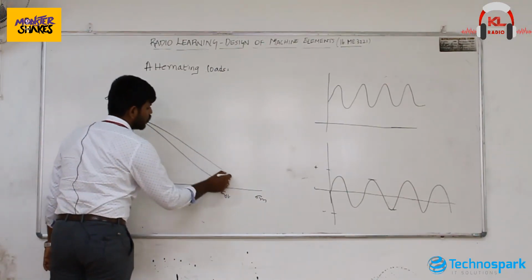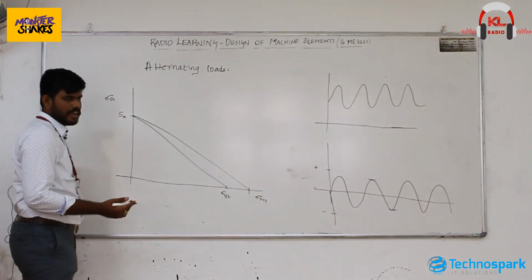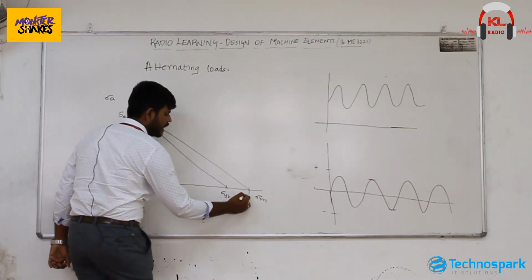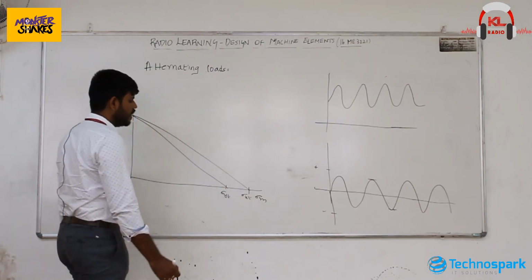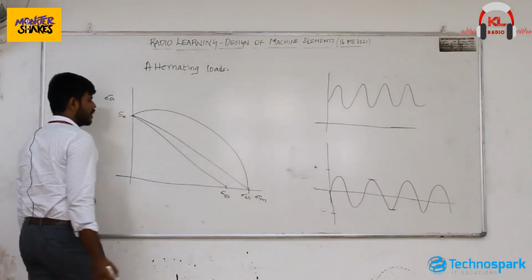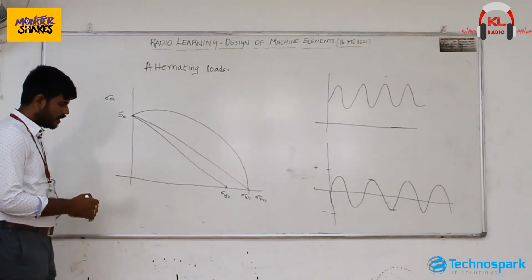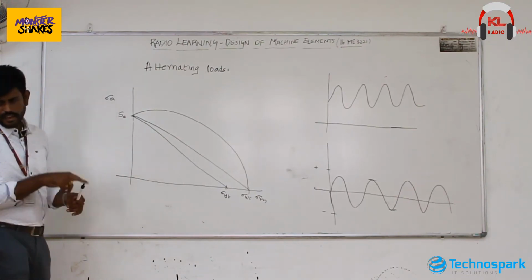The Goodman line will be drawn between the endurance limit and the ultimate tensile stress, and the Gerber parabola will also be drawn between the endurance limit and sigma ut, the ultimate tensile strength.